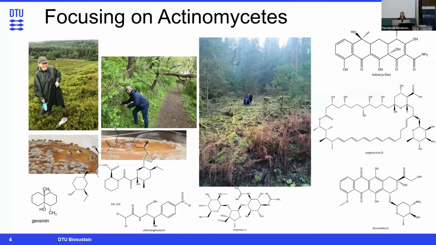Because they can be found in soil, we also collect them, and we have an in-house collection of roughly 2,000 strains. You can see here, my colleagues are collecting strains from Denmark, and I'm here on the right, or your left, in the Black Forest during my external stay in Tübingen. They're prolific natural product producers and very well-known antibiotic producers.